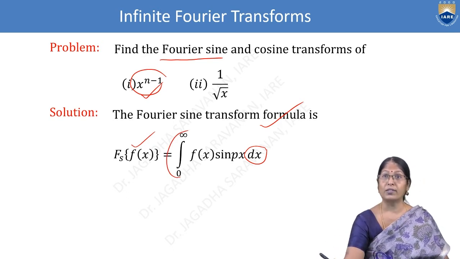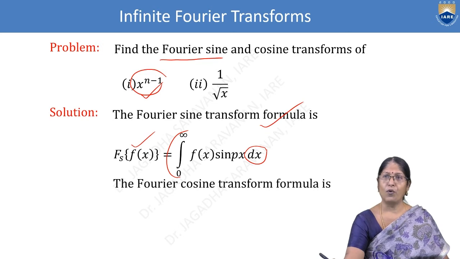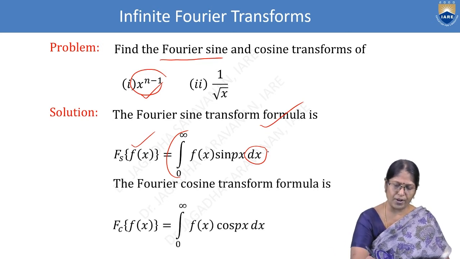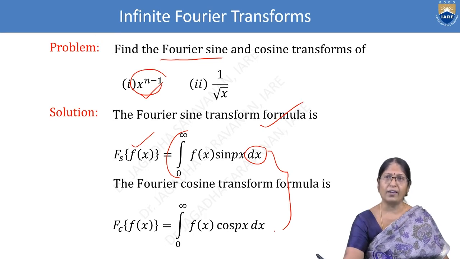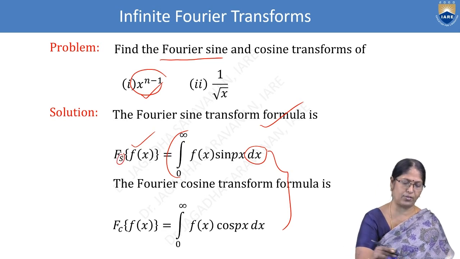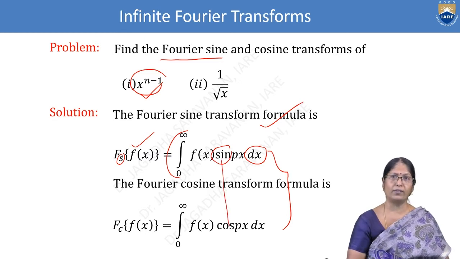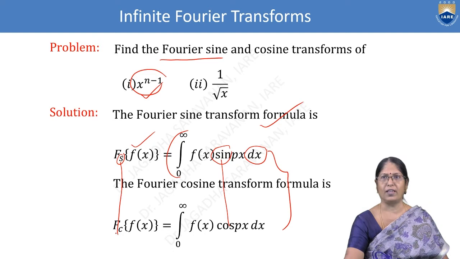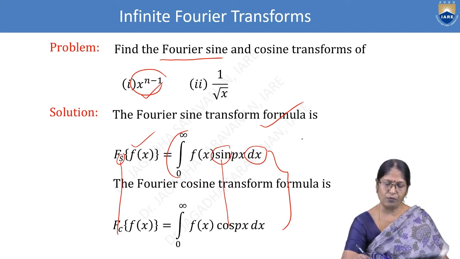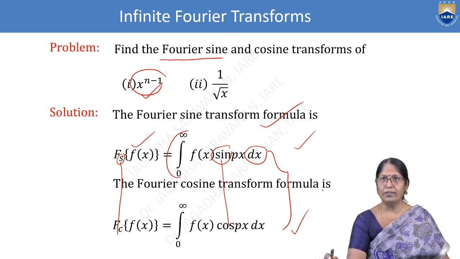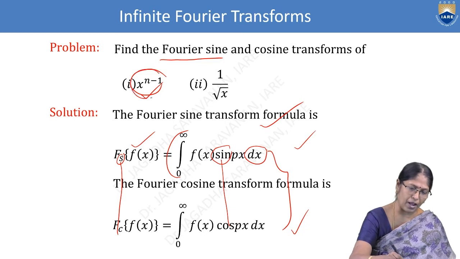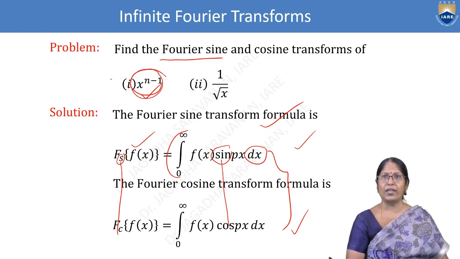The difference between Fourier sine and Fourier cosine is that sine is replaced by cos, and s is replaced by c. So now the Fourier sine formula and the Fourier cosine formula are ready. We have to apply these two to the first problem, where the function is x power n minus 1.